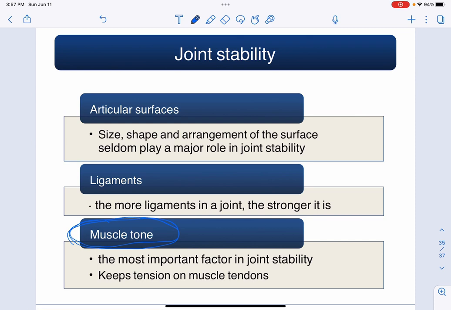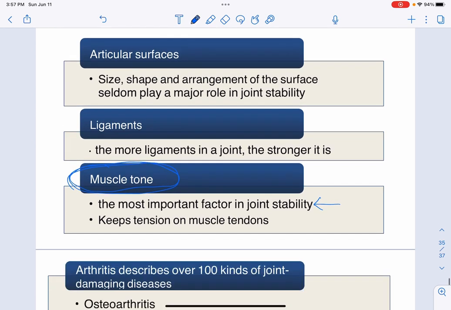So the most important factor in joint stability is your muscle tone, the muscle around your joint. So the more you work your muscles, the more stable your joints are going to be. And this is what's going to keep tension on the muscle tendons. So muscle tone is the number one factor that will help with joint stability.